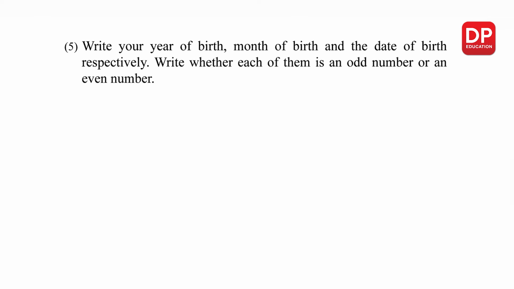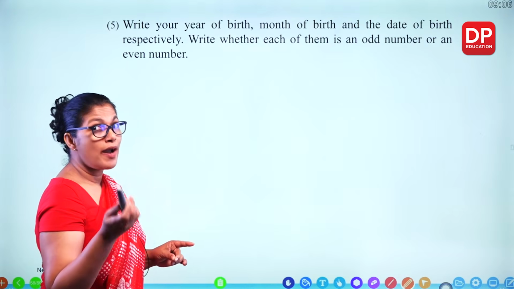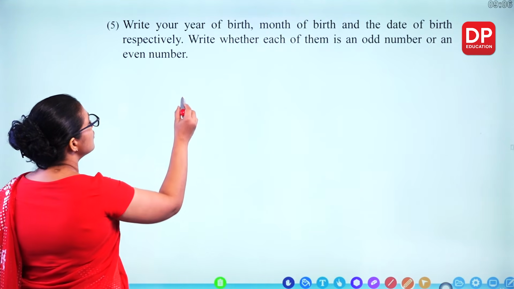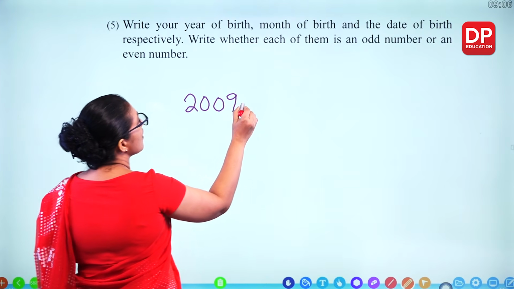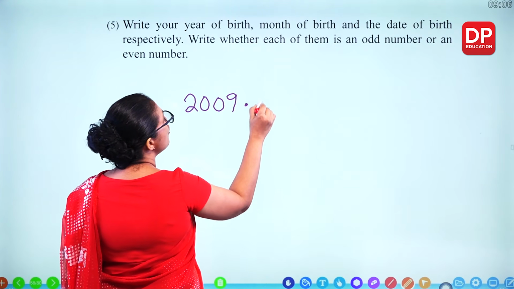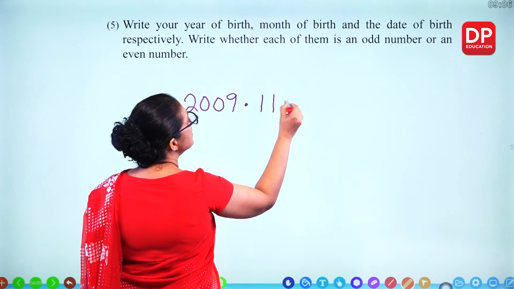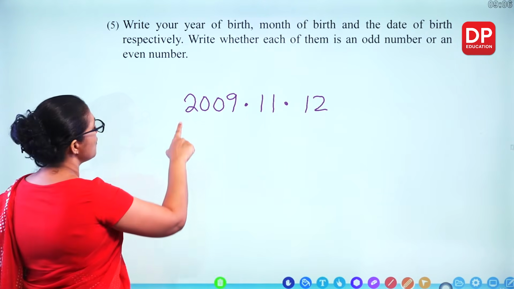Question number 5. Write your year of birth, month of birth and the date of birth respectively. Write whether each of them is an odd number or an even number. So you are in grade 6, so 2009. We'll take November 12th. So what's this number?